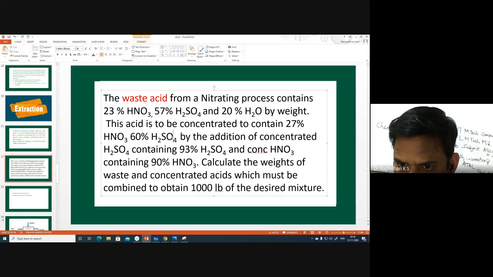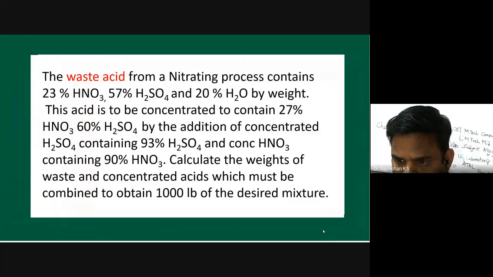Then concentrated sulfuric acid, which is 93%. Another, concentrated nitric acid, which is 90%. So there are three inputs, and we are going to get a final solution with 27% nitric acid and 60% sulfuric acid. So that is the numerical we have to solve.